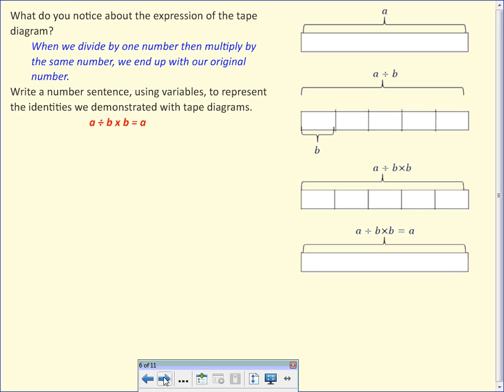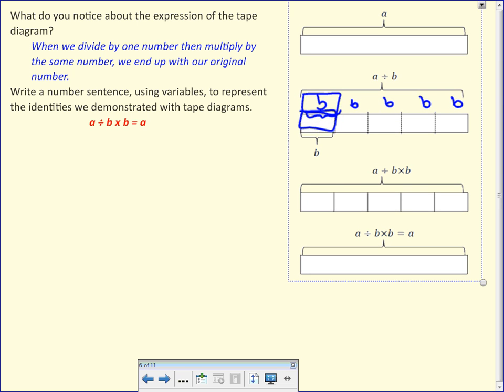Let's look at it in terms of using variables. When I divide by one number, then multiply by the same number, we end up with our original number. So here's an example where we have A. That big, huge bar on top is A. I'm going to take A and divide it by B. So here are all my B's. But I'm going to take that B and multiply it by B. Oh, for crying out loud, I'm trying to be all fancy on the smart board.